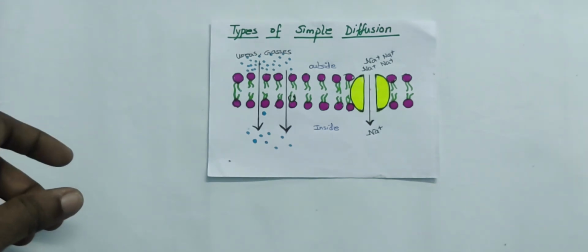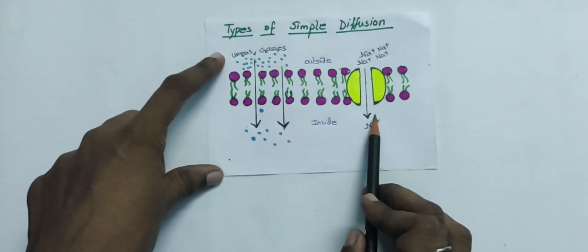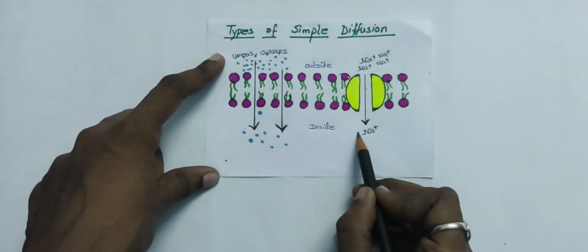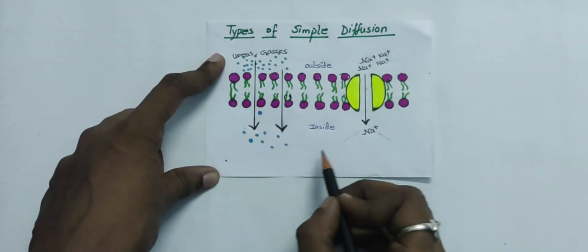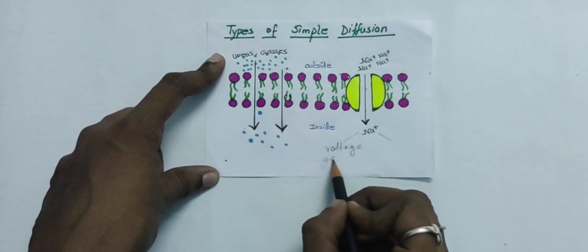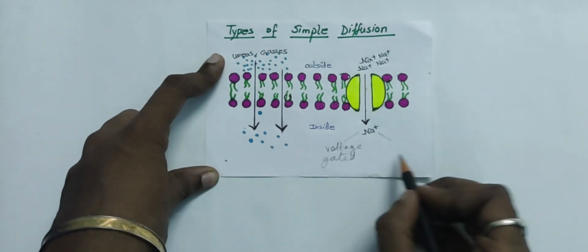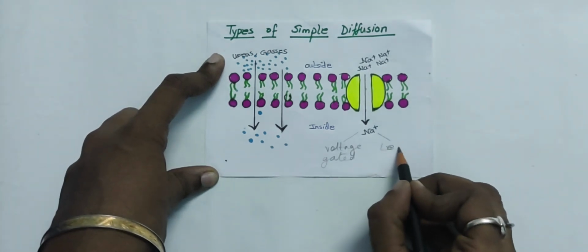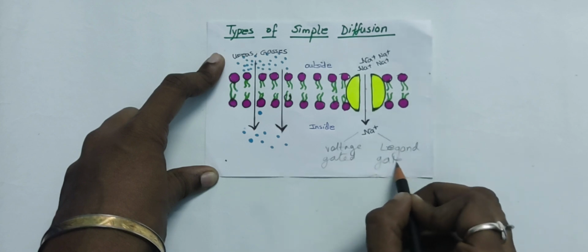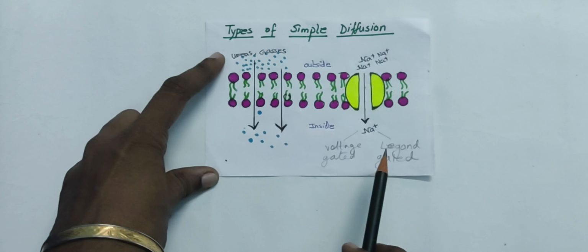Now one more thing I have to mention here: these ion channels are of two types, voltage gated and ligand gated.